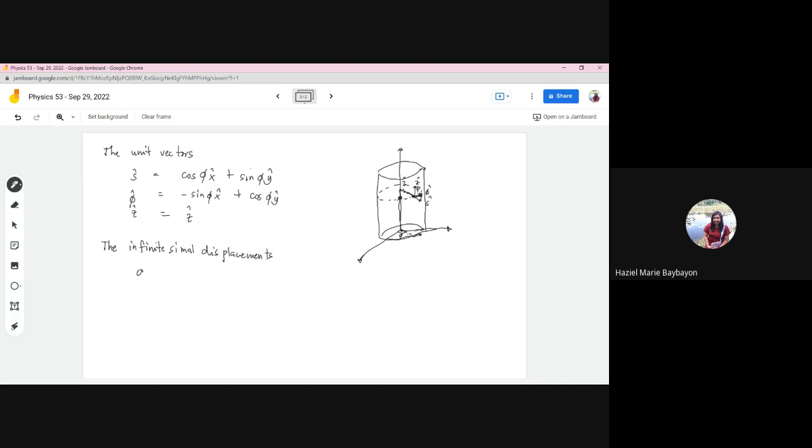So you have dl along s hat, which is just equal to ds. And you have dl phi, which is just equal to s d phi.